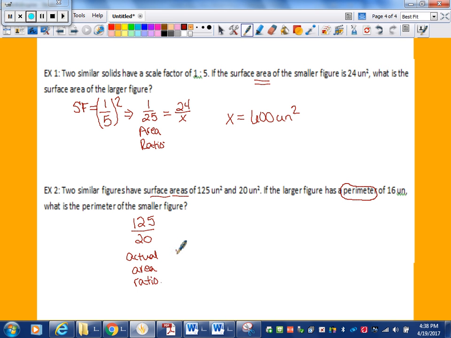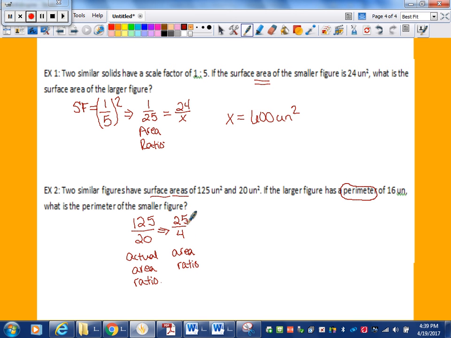The first thing I need to do with this ratio is to make sure it's simplified completely. And it's not, because both of these are divisible by 5. So I need to reduce it down. If I divide both of those by 5, it becomes 25 over 4. This is my area ratio.